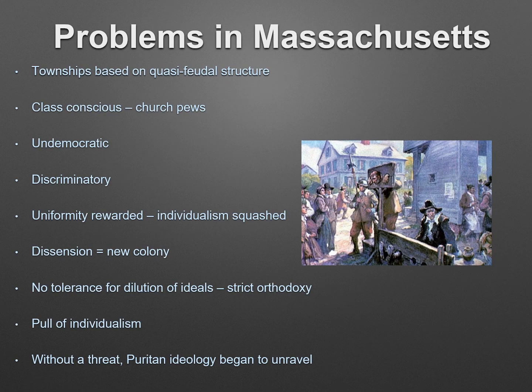There were plenty of problems that early Massachusetts saw. A lot of these towns were rather closer to a feudal state than they were a modern city. If you were in the upper echelons of society, you were like a landed lord back in England, and you could rule other people almost as if they were serfs.